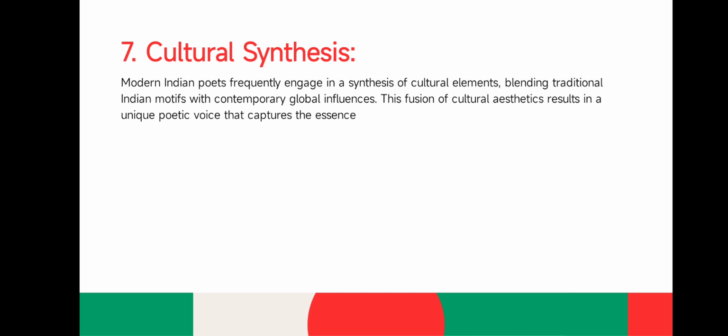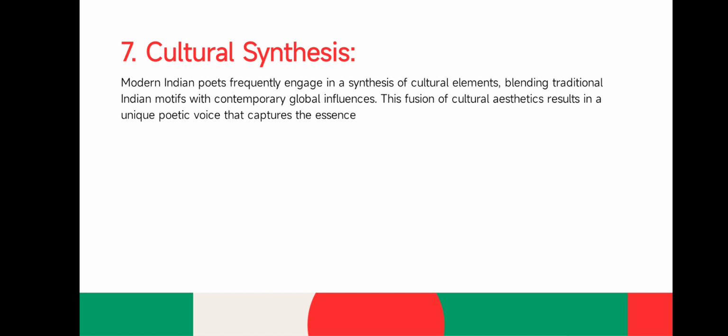We see people who hail from Western culture and people who come from Indian or traditional culture. We see their union, we see their amalgamation, and that is how both these cultures are portrayed in a beautiful way, and that again captures the essence of the modern world, and eventually it creates a unique poetic voice.